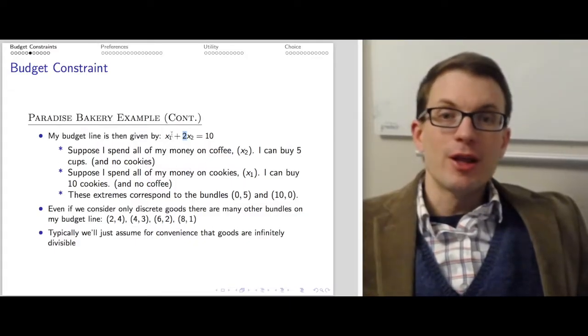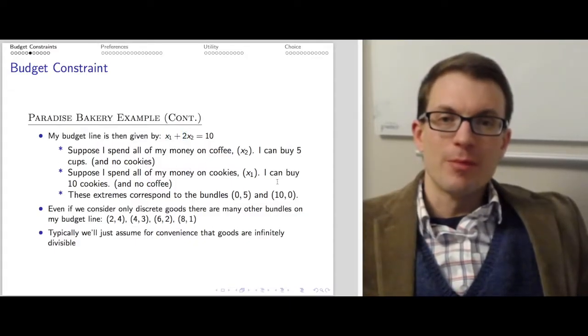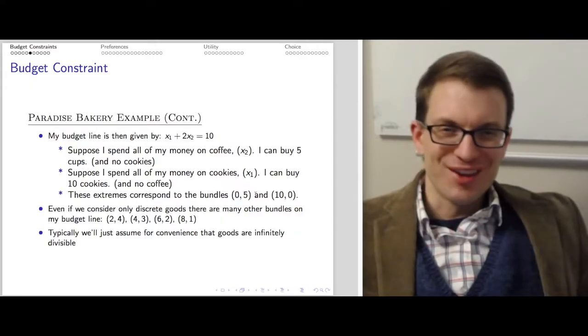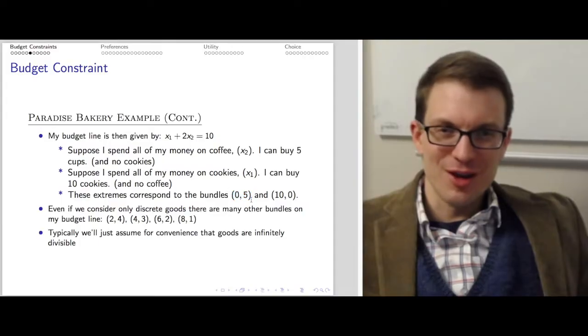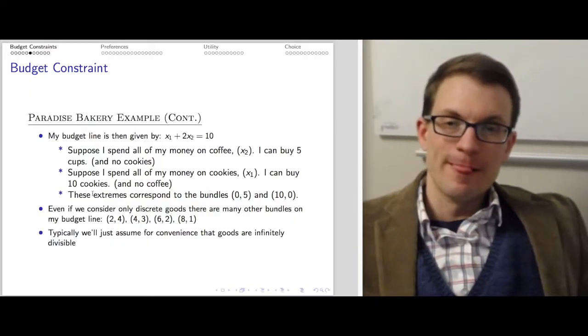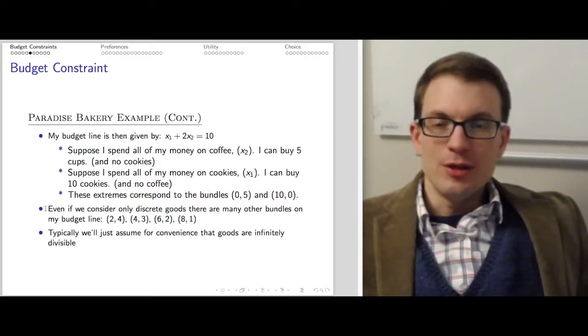If I spend all my money on cookies, the price is $1, I can buy 10. So these extremes correspond to the bundles (0, 5) and (10, 0). I'm checking this because I remember there was an error in the slide originally, and I want to make sure this is right. So yes, (0, 5) is going to be our vertical intercept and (10, 0) is going to be our horizontal intercept.